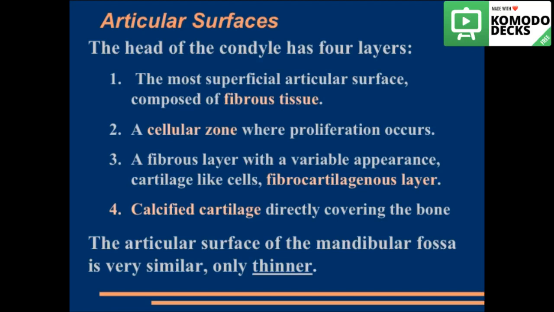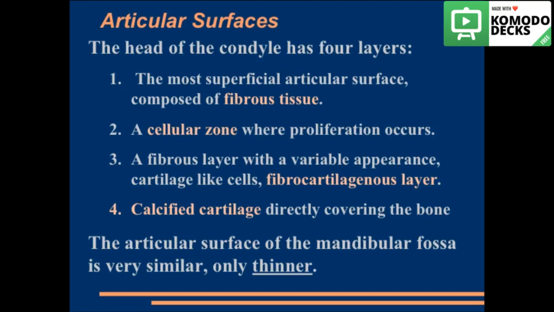The next layer is the cellular zone, where proliferation and cell divisions happen. The third is the fibrocartilaginous layer, where we have cartilage-like cells, and this is an ossification center in the condyle. Fourthly is a calcified cartilage directly covering the bone, the thin, compact trabeculae of the bone.